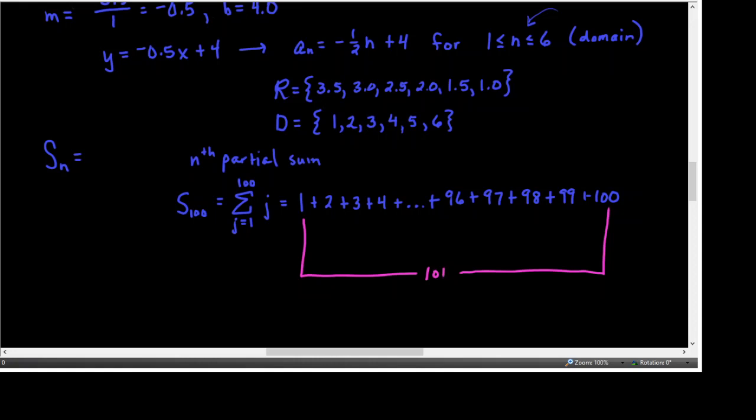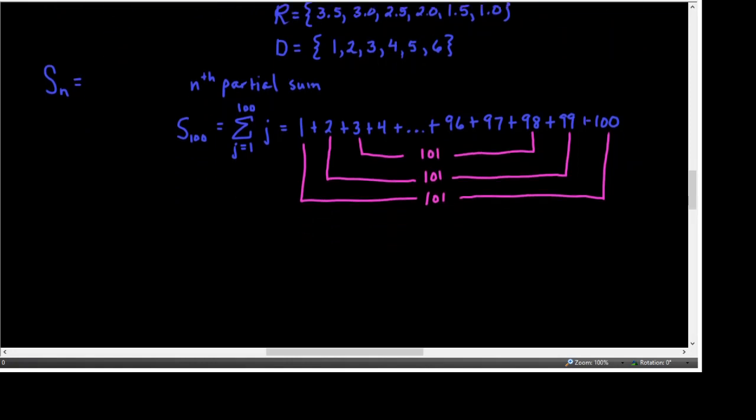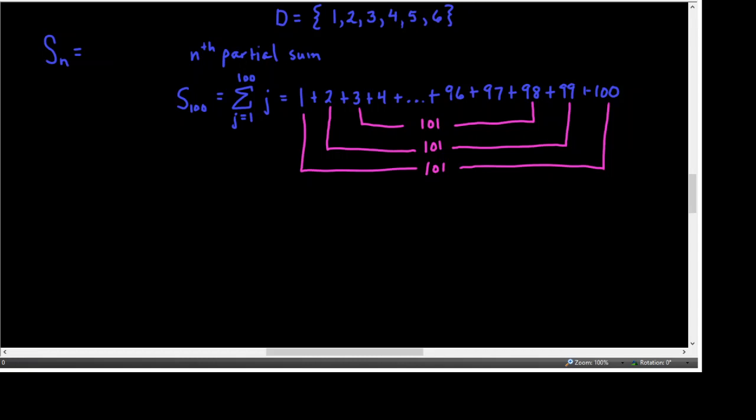Now, if I were to ask you to add the second term to the penultimate term, that's second from the end, 2 plus 99, that's also 101. And the third one, added to the one third from the end, 3 plus 98, is also 101. So I'm going to continue to get 101s using pairs of these, selected very carefully.